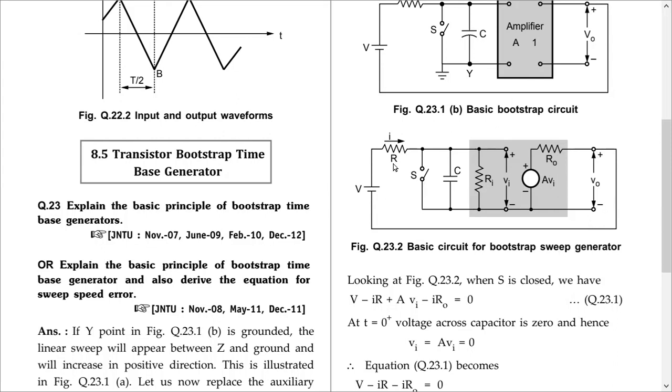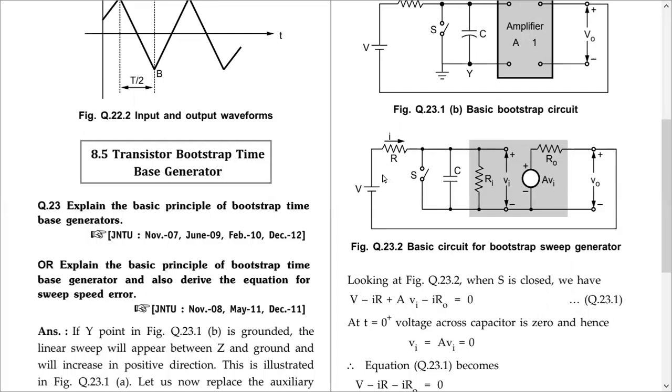Now if we apply KVL to this loop, leaving terminal we will consider, okay. So leaving terminal is plus V, minus IR, okay. Then here leaving terminal again plus AV VI, always in the current direction, plus minus for resistor, isn't it? So again leaving terminal is minus, so minus I R naught.